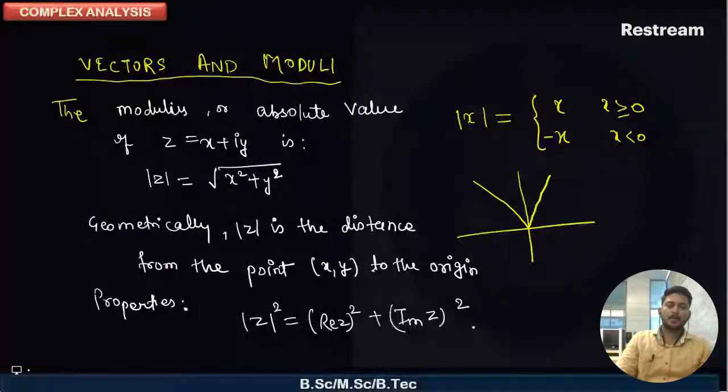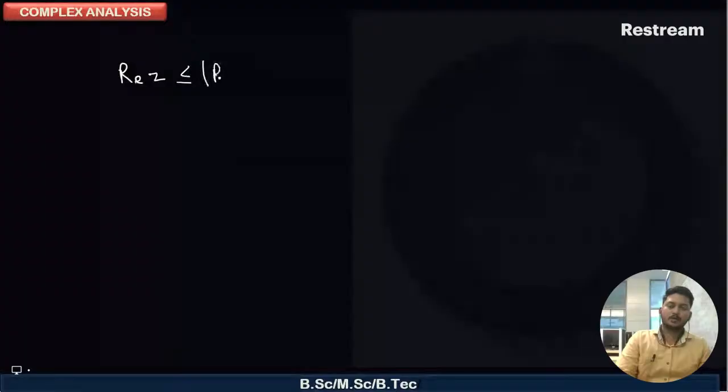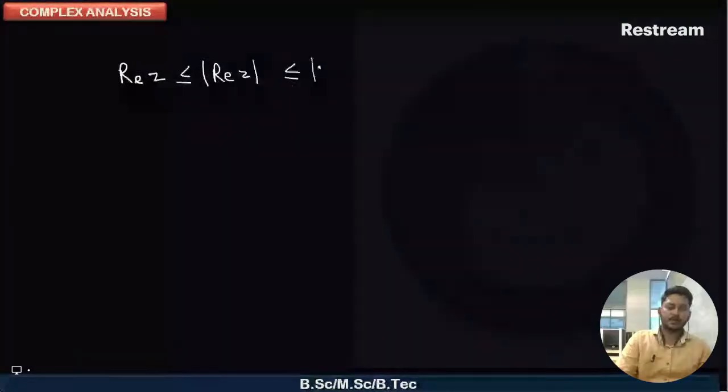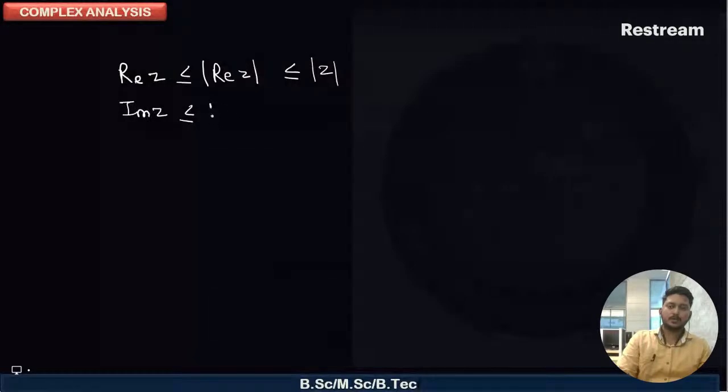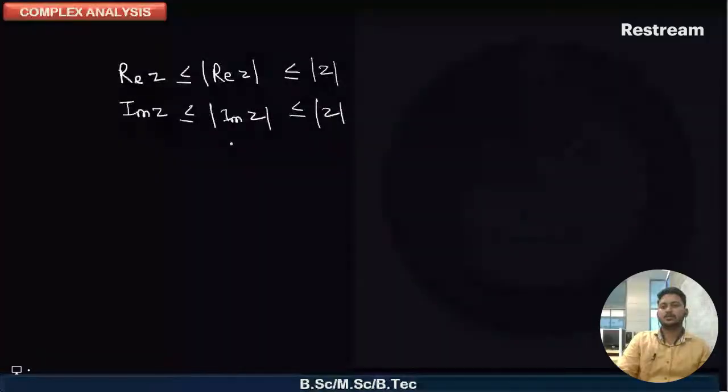Now I go to the next slide. The real part of z is less than or equal to the modulus of the real part of z, which is less than or equal to mod z. For the imaginary part, similarly, the imaginary part of z is less than or equal to the mod of the imaginary part of z, which is less than or equal to mod z.